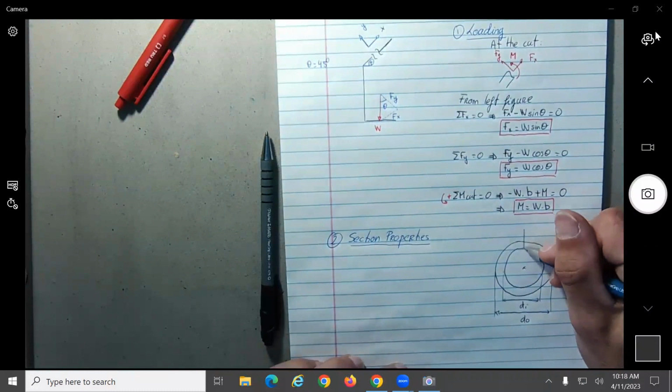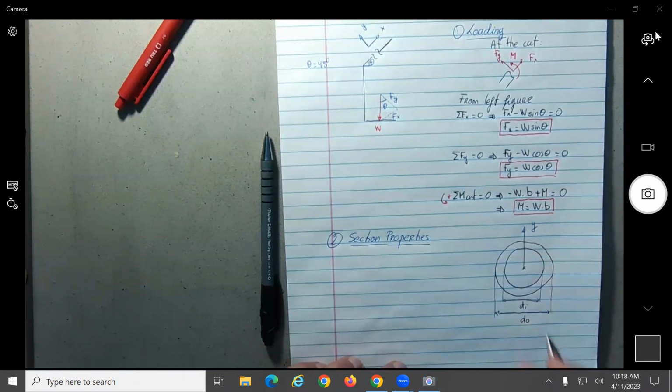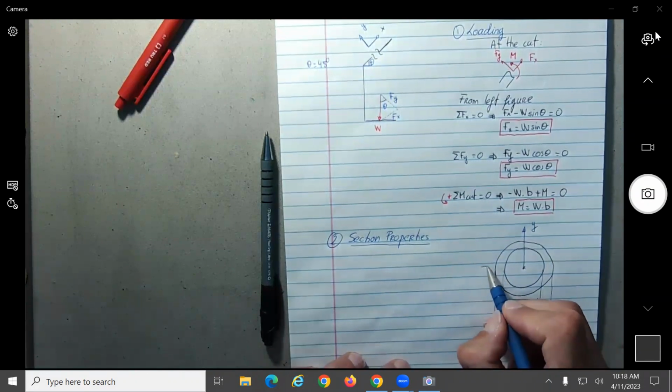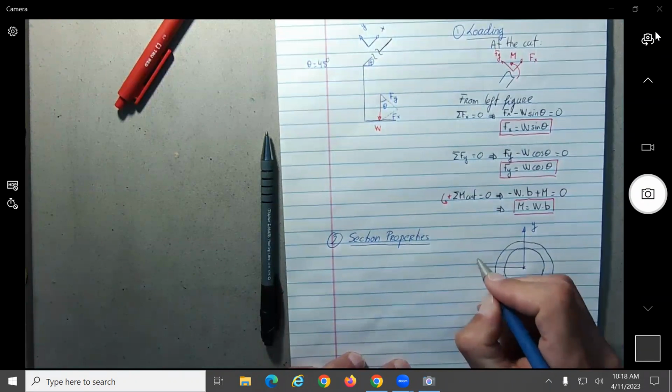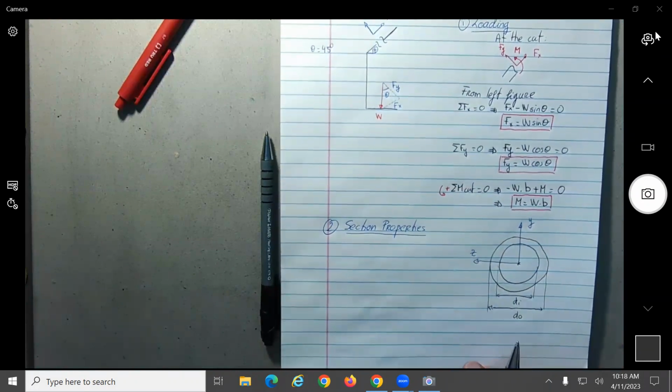Let's say this will be the Y, X, Z. Then we need to make the Z in what direction? With the cut, this should be the kind of coordinate system, no? X is along the length of the tube, so Y and Z will be the other ones.